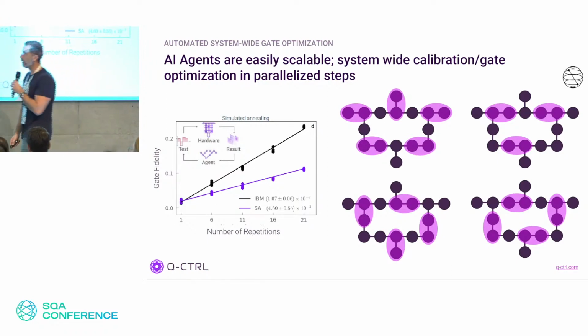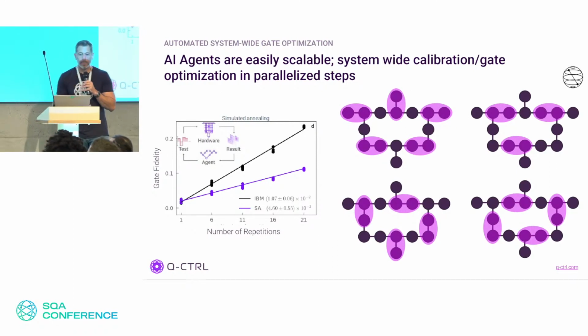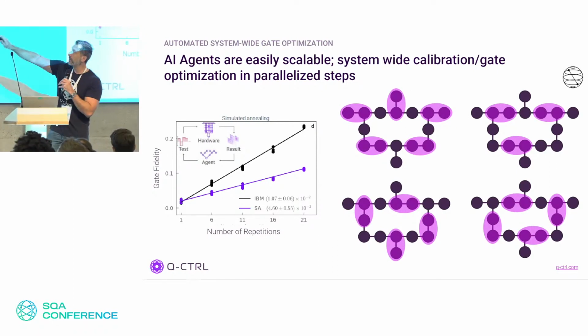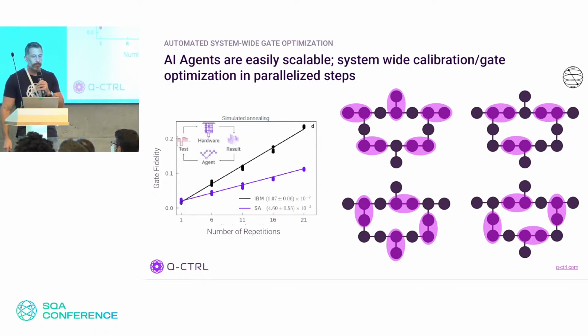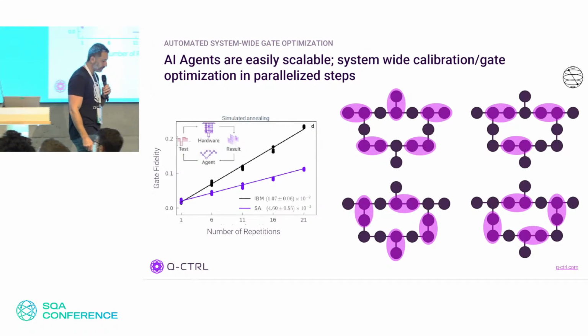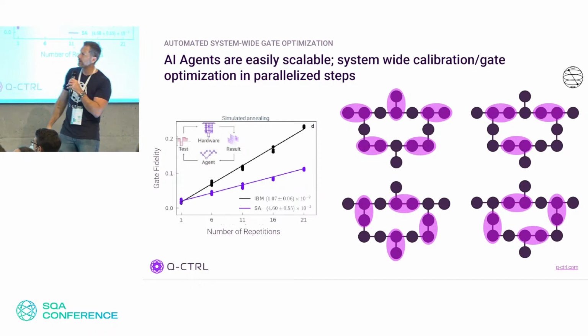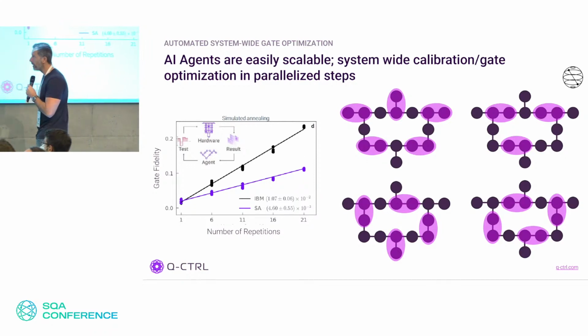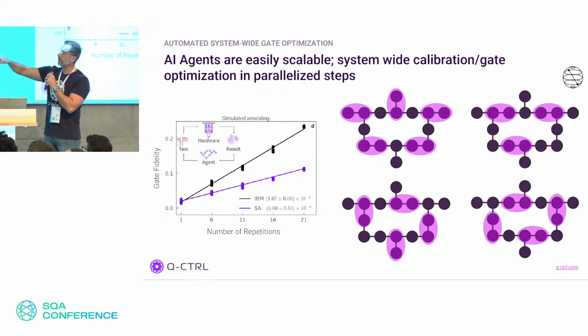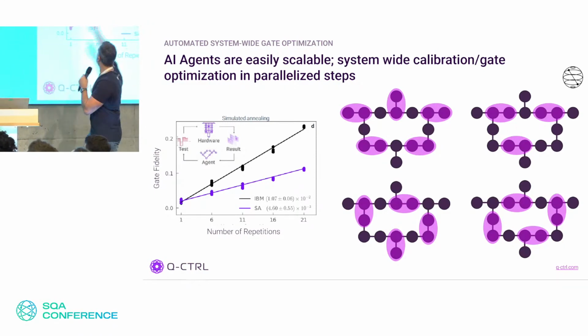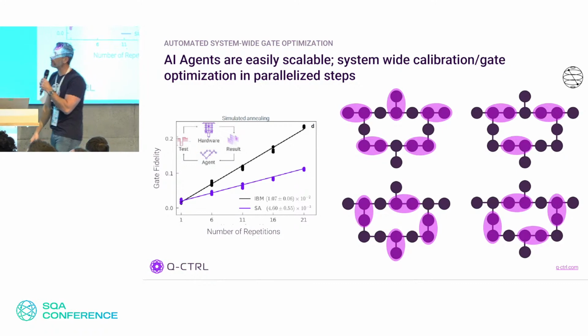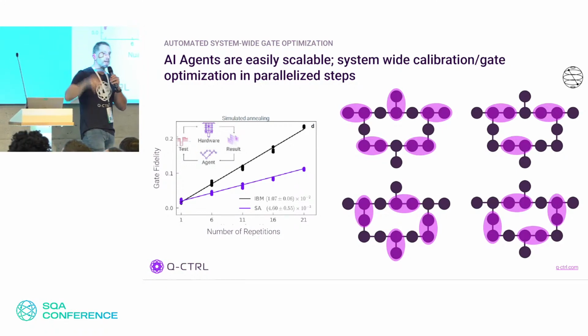So in the devices to which we had access, we had up to 16 qubits. This is a chip called Guadalupe from IBM. And here what we were able to do was take that closed-loop optimization. It happens in this experiment to be a different agent. It's not DRL. I think it's either Gaussian process or simulated annealing. But the overall view is the same. And we could have multiple agents in parallel, up to 5 at a time, optimizing gate pairs.